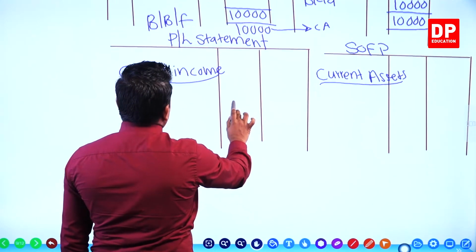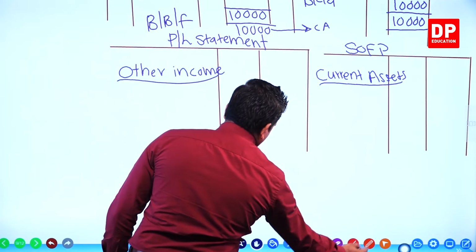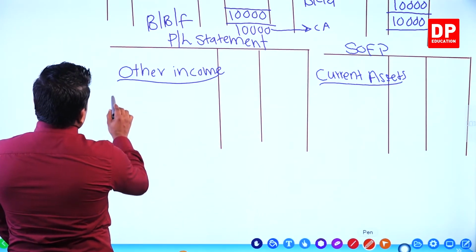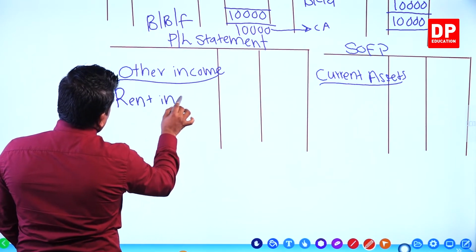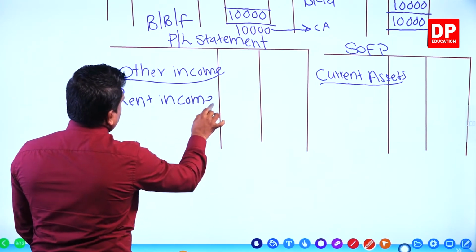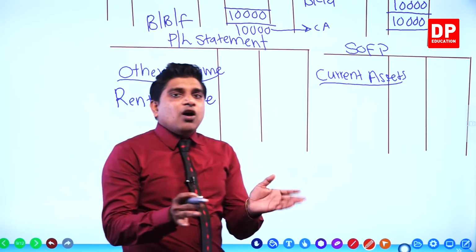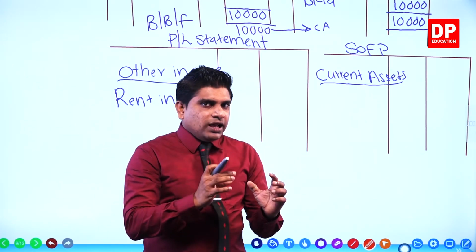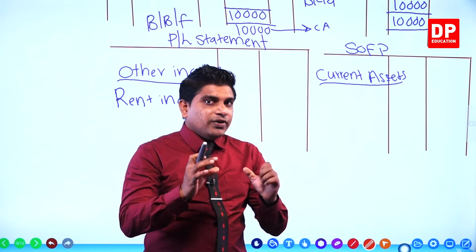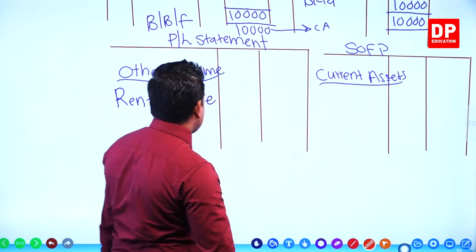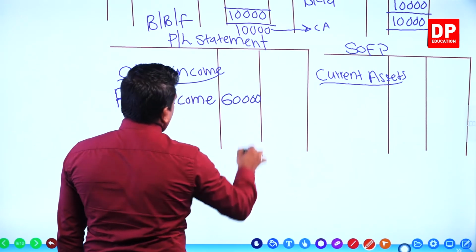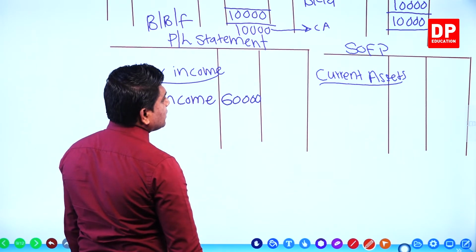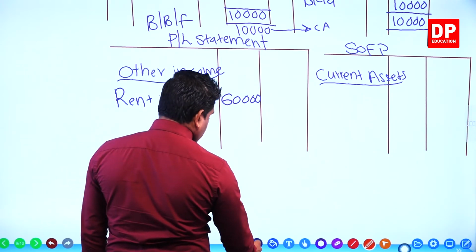Now you can enter the details in the financial statements, right? Other income, how much do you write? The total income, rent income. You can see the rent income account, the total. I have recorded there, I have written there, in the profit and loss. The amount is 60,000. How much only the amount to be received?